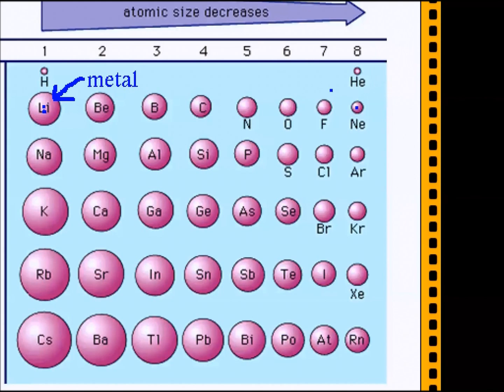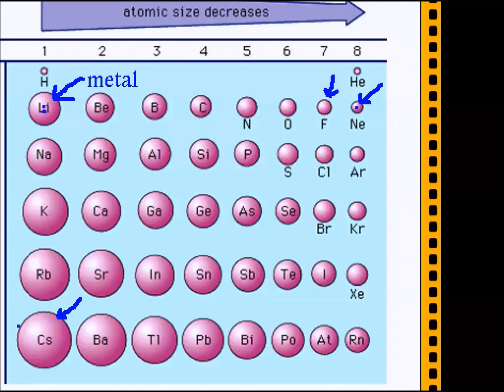No way. Look at fluorine, though. Does it look like it's hanging on tightly to those electrons? Heck yes. What about neon? Is it hanging on tightly? Very tightly. Remember, it's got a complete set of electrons, so it's extremely happy, and it holds on to those electrons very tightly. Look at cesium. You think that that fat atom is going to hang on to an electron way out there?